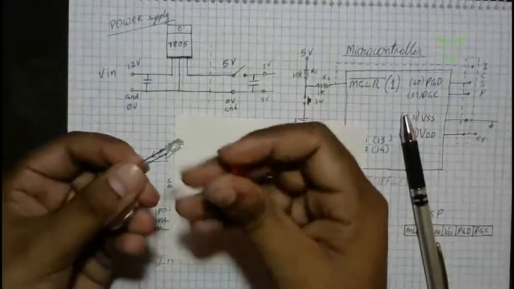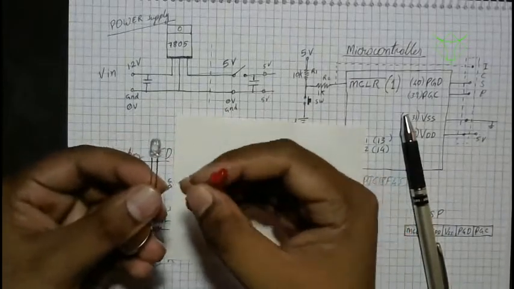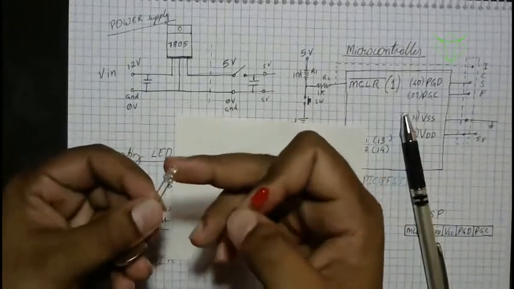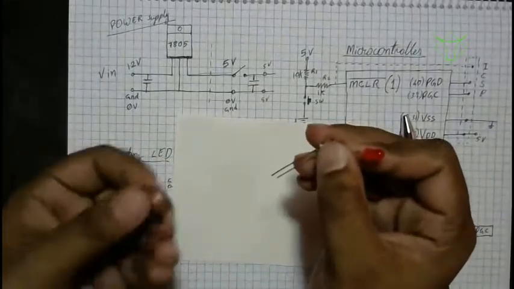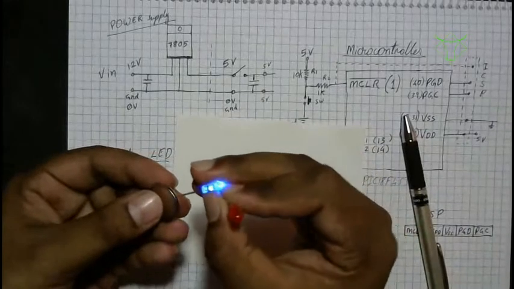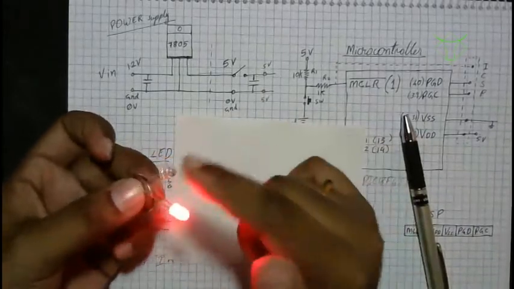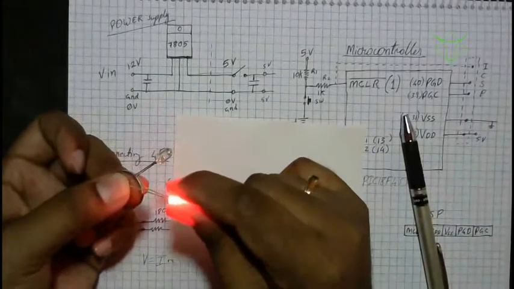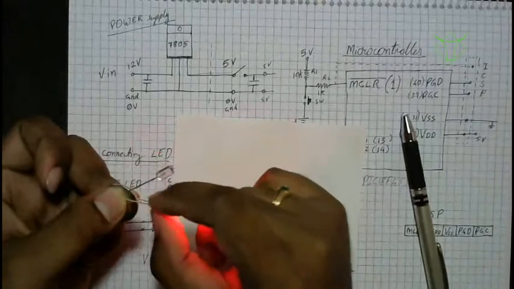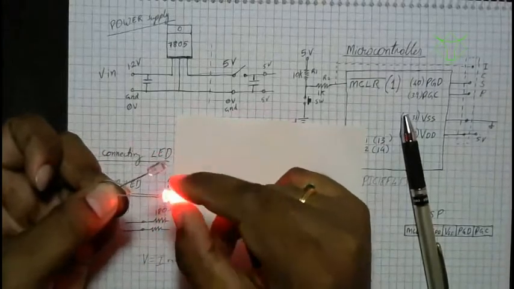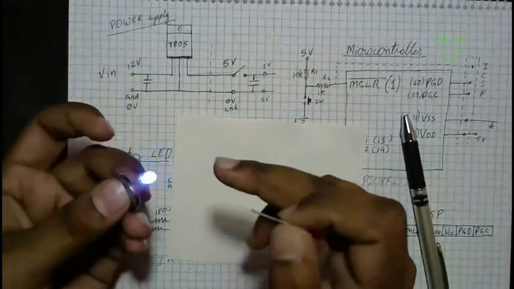There is one more thing you have to take care of, which is voltage. Red LEDs will work at 2.5 volts itself, and a blue LED requires 3.3 volts. The battery I have is a 3 volt battery. If I connect both of them together, the blue won't glow, but red glows, because red has the least resistance and consumes less power, so the entire current flows through the red.